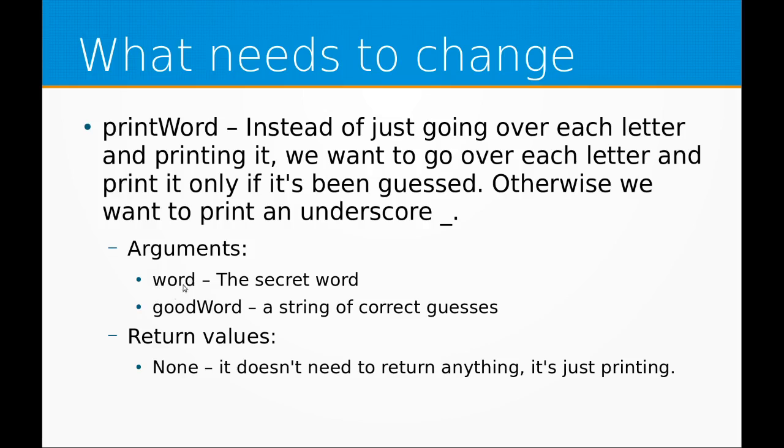So if we give it word and good word, we can go over each individual letter and say, okay, has that letter been guessed already? If it has, fine, print that letter in the correct place. If it hasn't, print an underscore so the user knows that there's a letter in that place that they still need to guess. All this function's doing is printing, so it doesn't need to return anything.